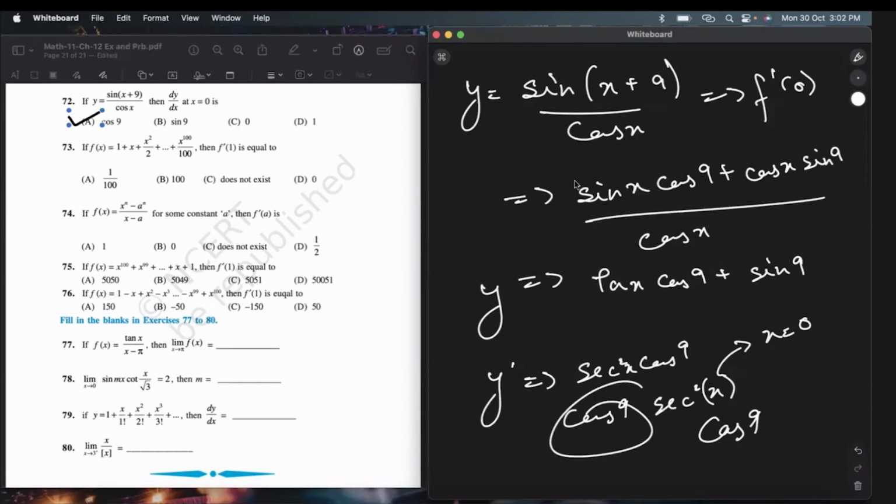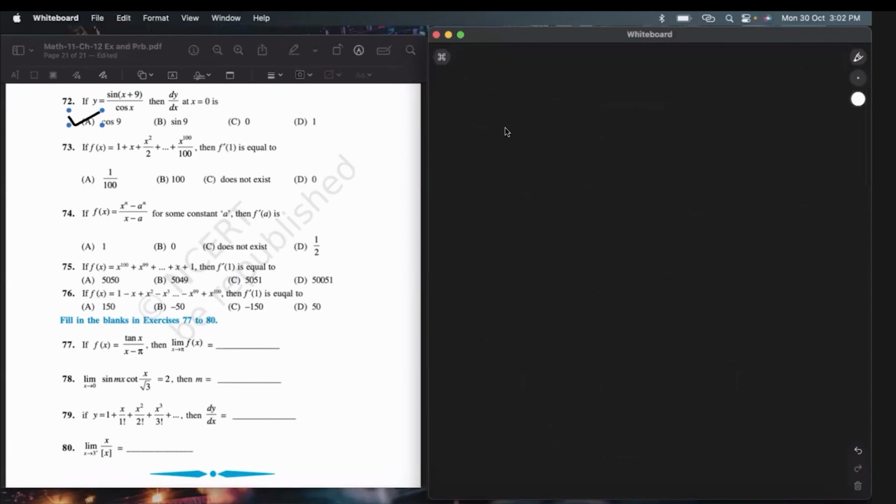So in question number 73, what has been given to me is f(x) = 1 + x²/2 + ..., and it is going on till x^100/100. And now they're asking for the value of f'(1).